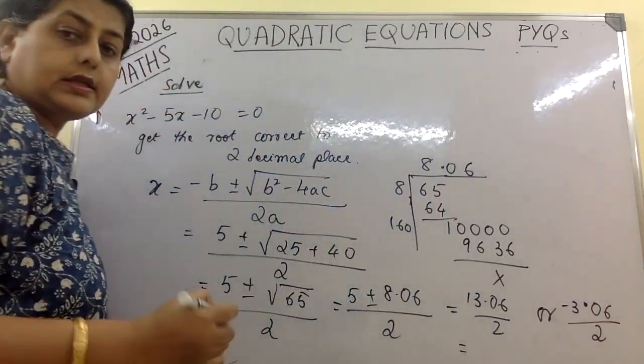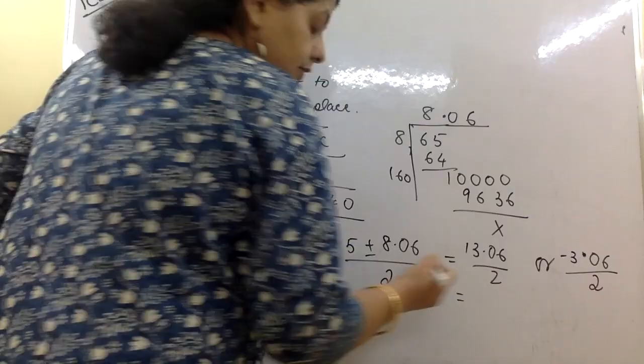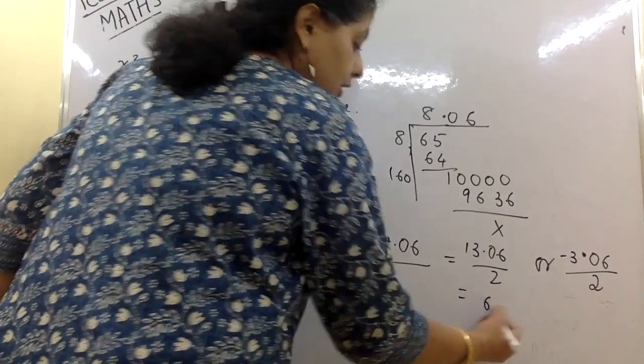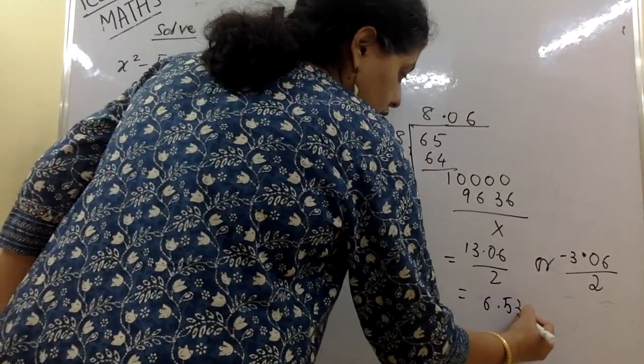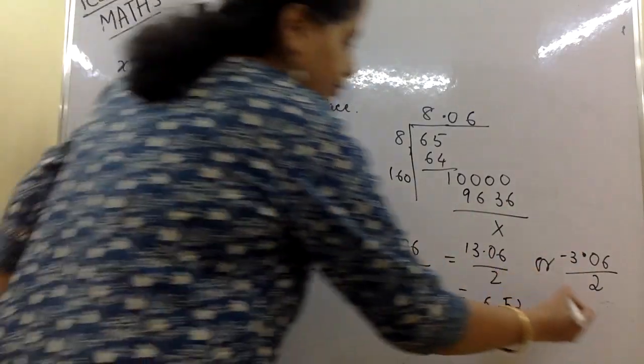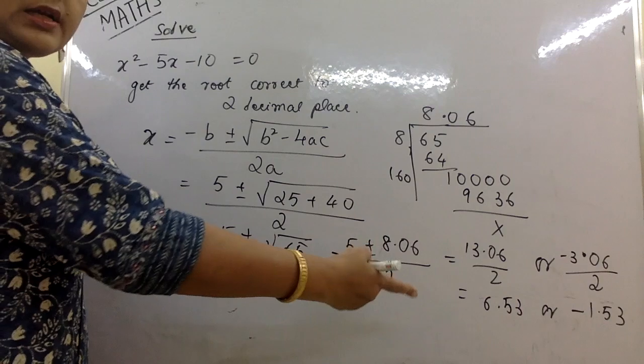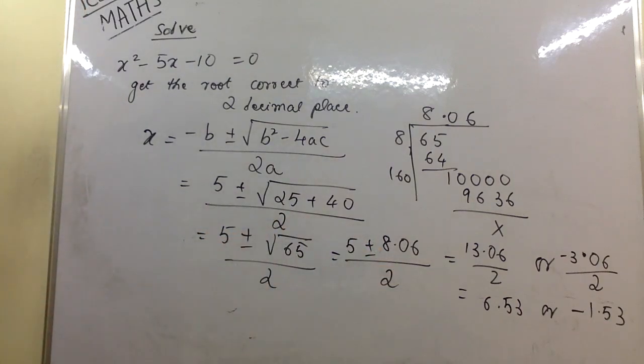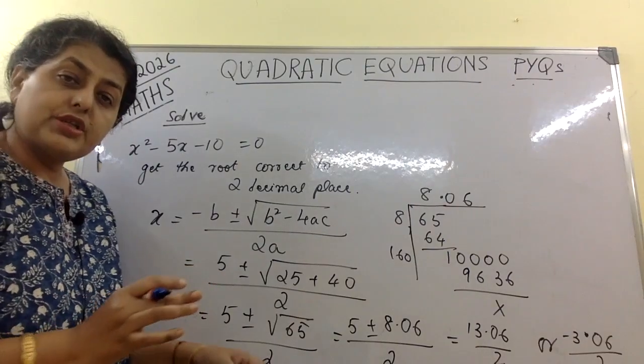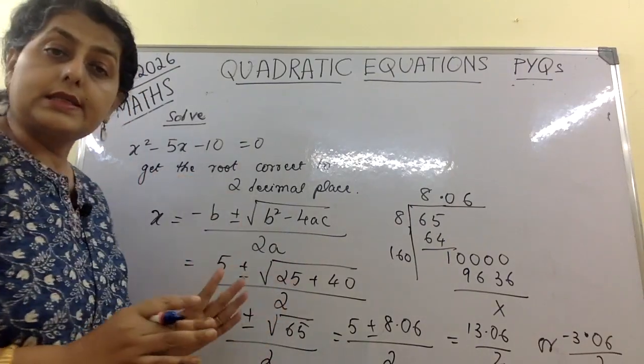That is equal to 6.53, or you get minus 1.53. So these two are your final answers. Okay, so that is how you do it. This question is very common in ICSE.